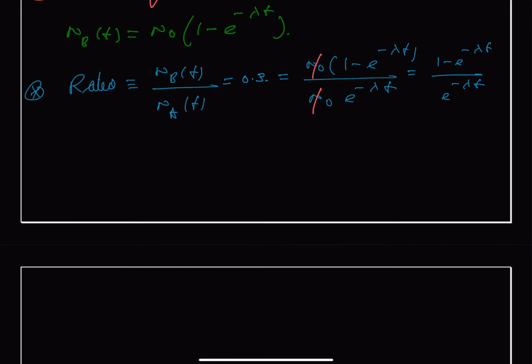So let me solve this equation now. We are left with 1 minus e raised to power minus lambda t divided by e raised to power minus lambda t is equal to 0.3.